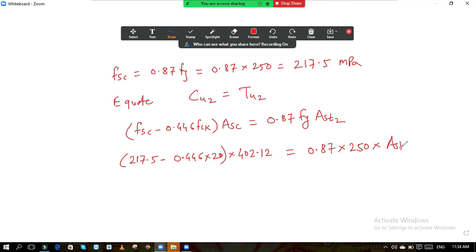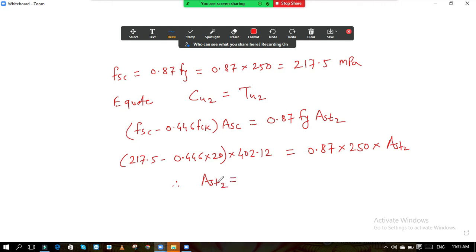We don't know the area AST2. We know the total area of steel, AST, which means the complete doubly reinforced section. But here we are talking about AST2. AST2 is the reinforcement in that extra added section which we add to the singly reinforced section, so that together we get the doubly reinforced section. So if you solve this, you will get the value of AST2. Solve this now, fast.